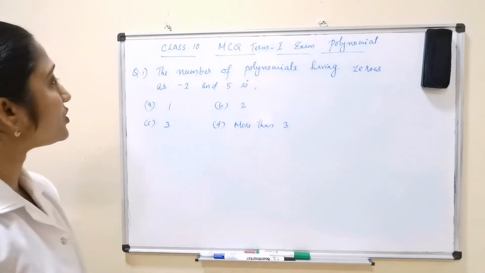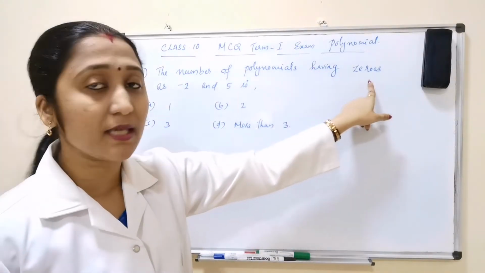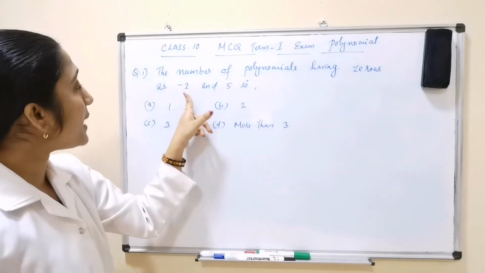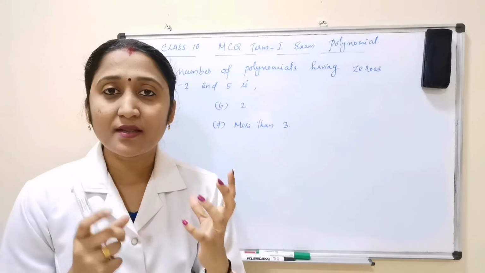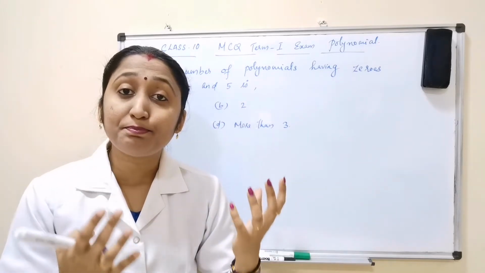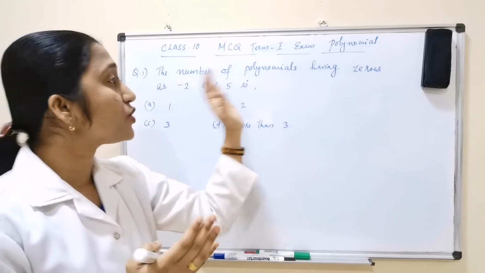So the first question is: the number of polynomials having zeros as -2 and 5 is. Here the question is how many polynomials have the zeros -2 and 5.